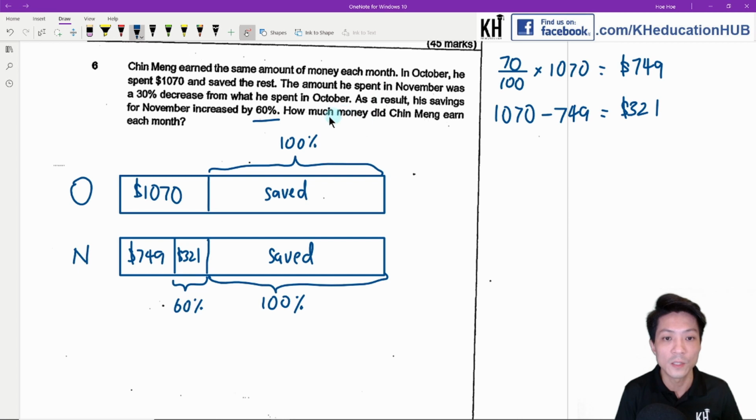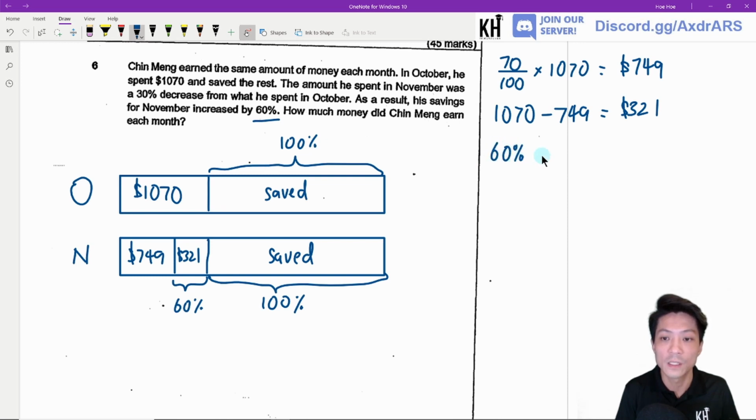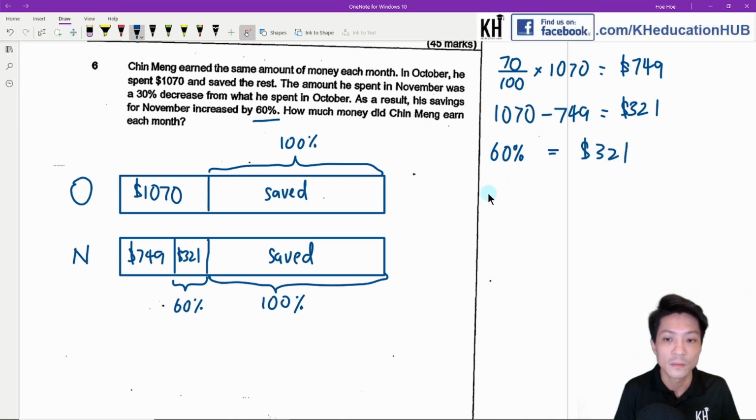The question is asking you to find how much money Chin Meng earned each month. So the first thing we need to find is 60%, since it's equal to 321. I'm going to find what is 100%.